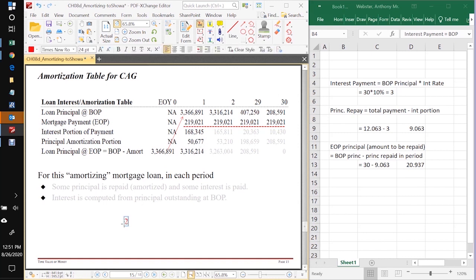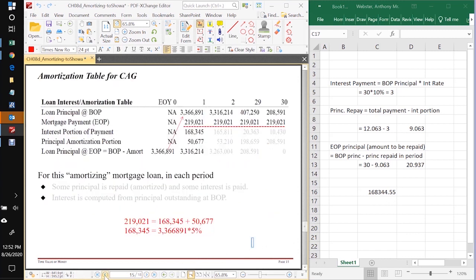So I'll just write that down here. 219,021 is equal to 168,345 plus 50,677, and the 168,345 is equal to 3,366,891 times 5%. Okay.